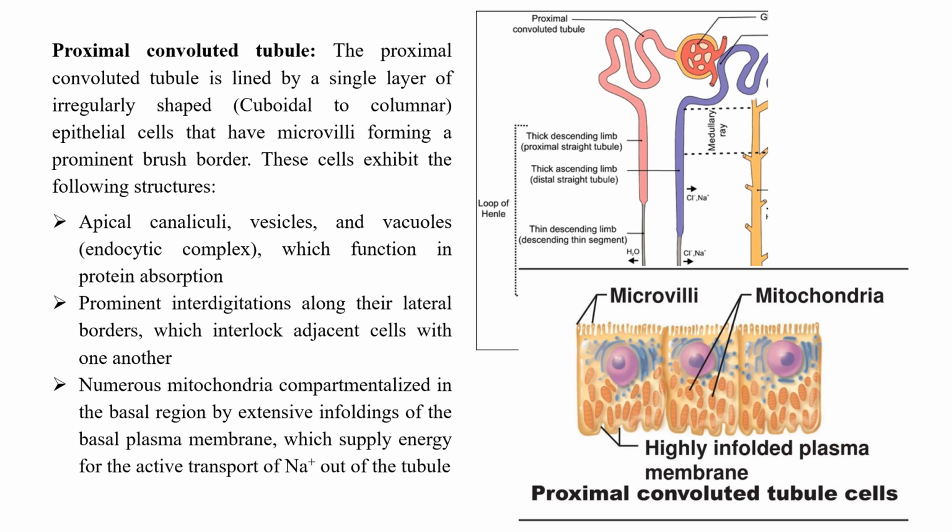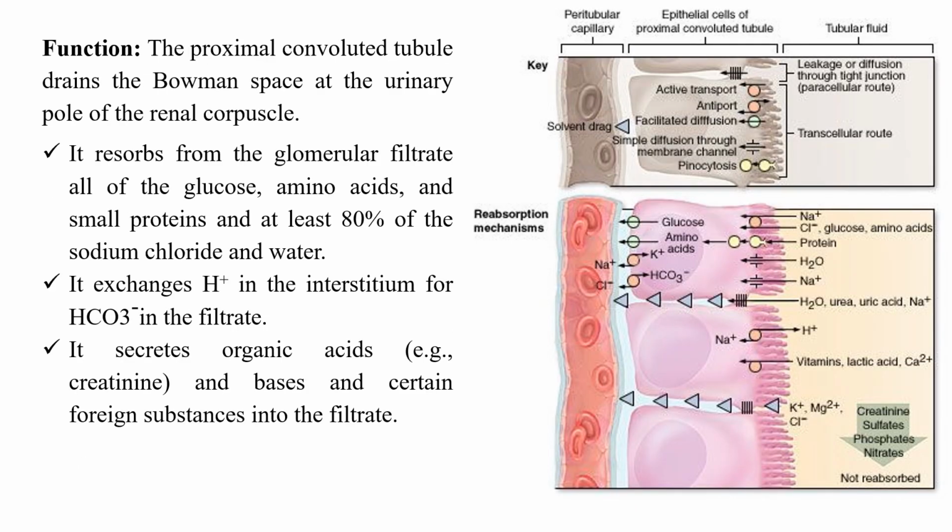So during urine formation, the sodium is actively transported, and this function is performed by the cells of the proximal convoluted tubules.